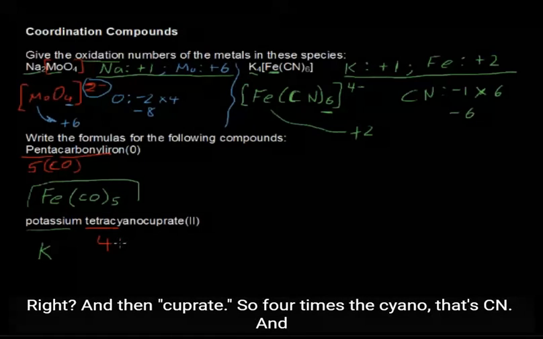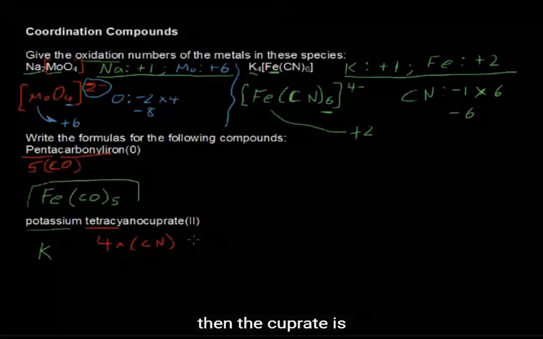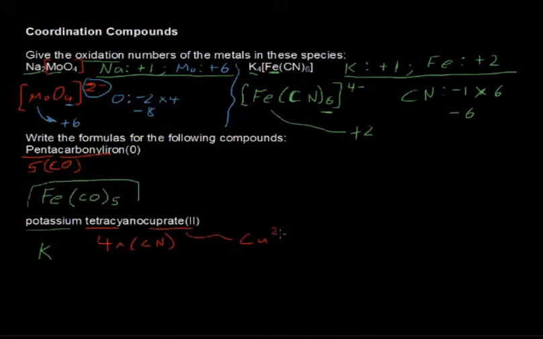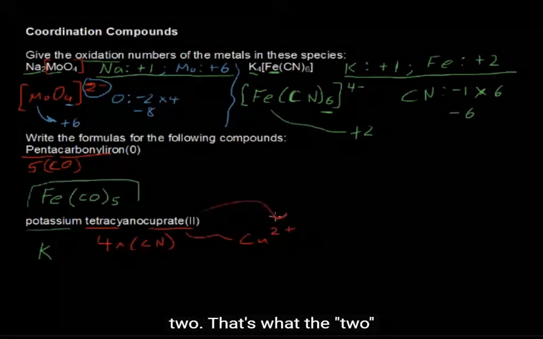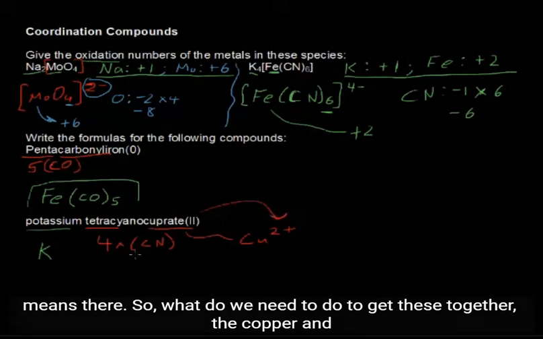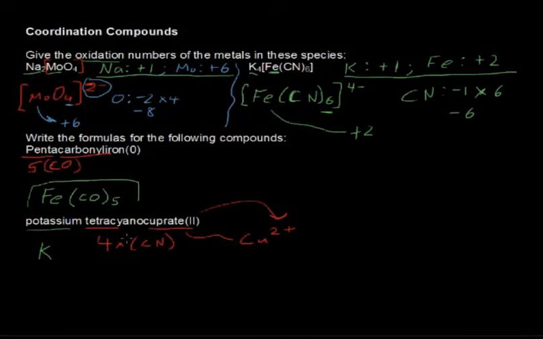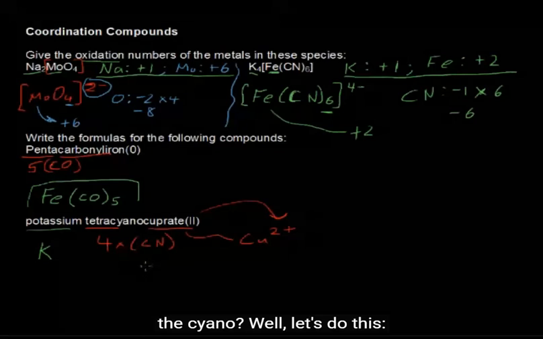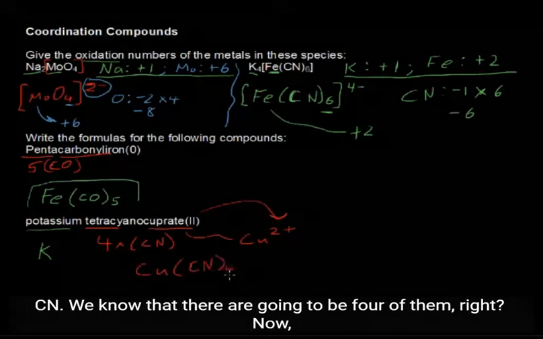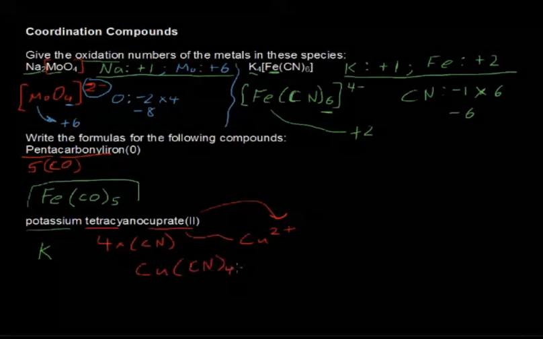And then cuprate, that's copper with a charge of 2. That's what the II means there. So what do we need to do to get these together, the copper and the cyano? Well, let's do this. Cu and then CN, we know that there are going to be 4 of them, right?